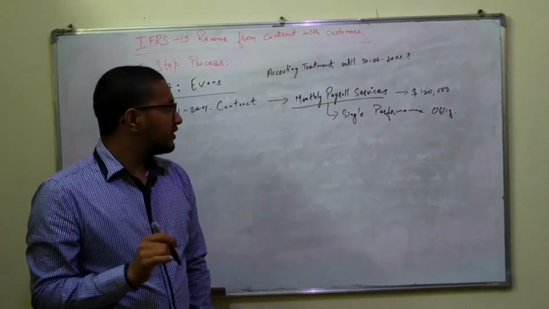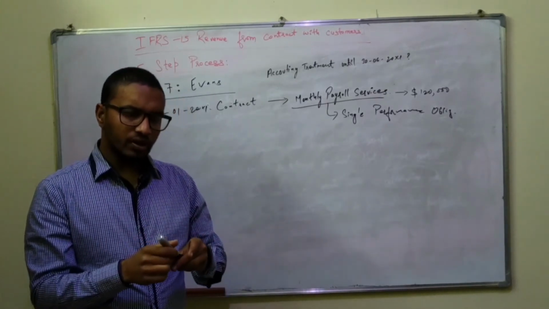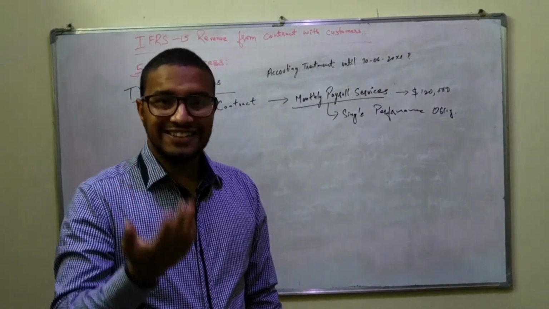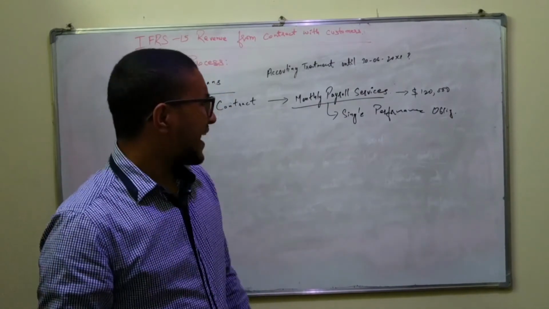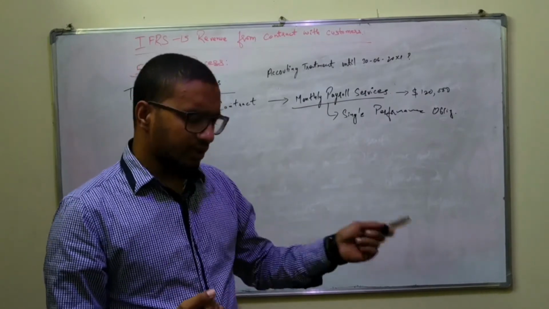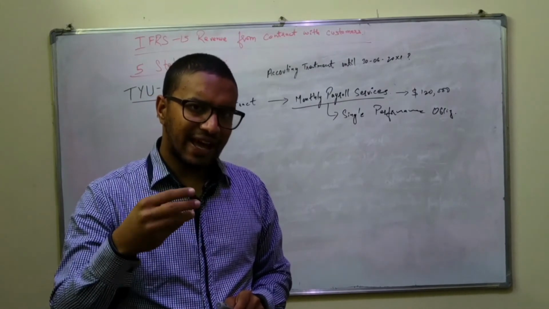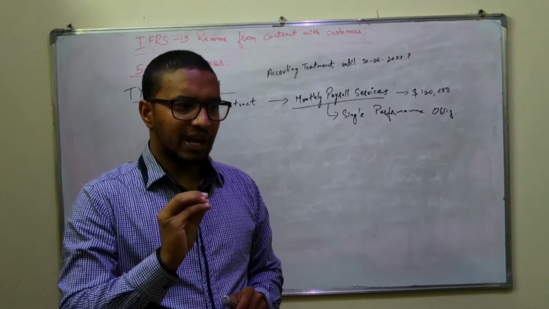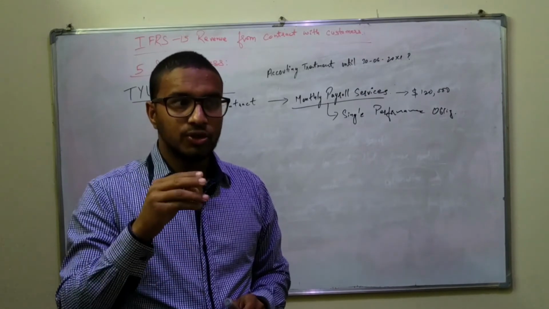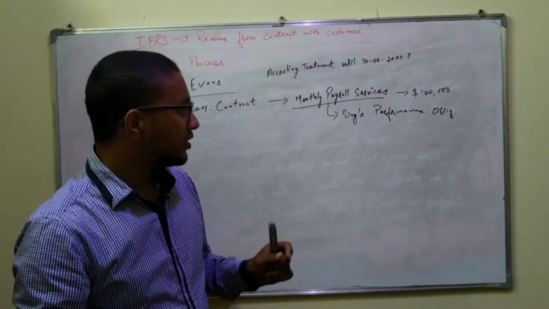To assess whether this is over time or not, we would have to assess three criteria, as I have already told you. The first criteria is that the customer must consume the product simultaneously as they are receiving it, like a haircut. In this case, it's similar. They consume it as they are receiving the service. The second criteria is that the entity enhances the asset that the customer controls, like building a specialized factory, so you are actually building an asset that the customer controls themselves.